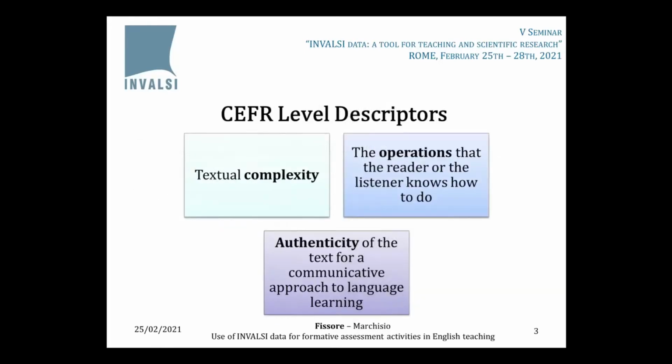It is important to underline that the level descriptors refer to the textual complexity in terms of topics, language, vocabulary, and so on, the operation that the reader or the listener knows how to do, and the authenticity of the text for a communicative approach to language learning.